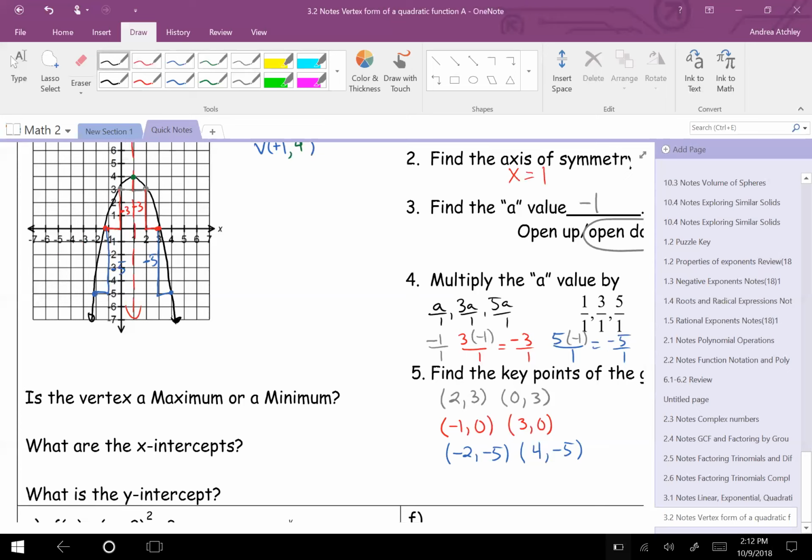So in this, my vertex is a maximum because it's the highest point on my graph. I did find the x-intercepts. The x-intercepts were these 2 points where it crosses the x-axis. So it crosses the x-axis at -1 and 0 for y, and 3 and 0 for y.